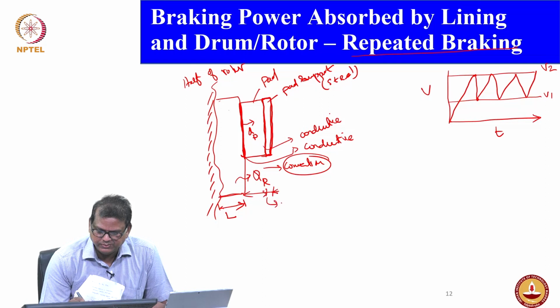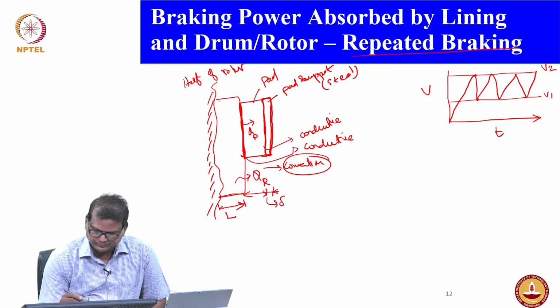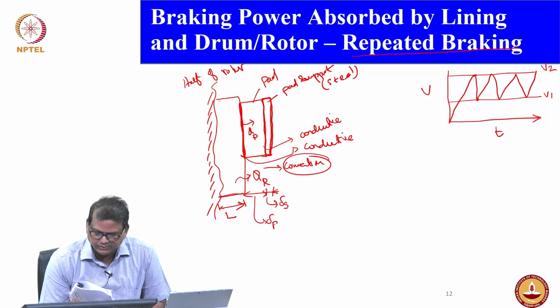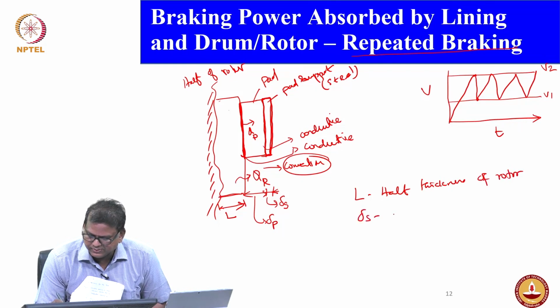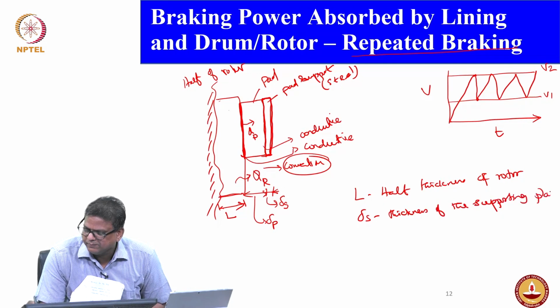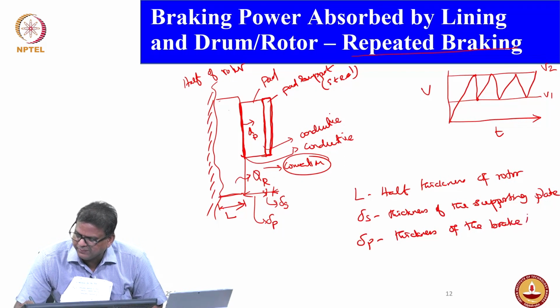L is the half thickness of the rotor, delta S is the thickness of the supporting steel plate, and delta P is the thickness of the brake pad or brake lining pad.